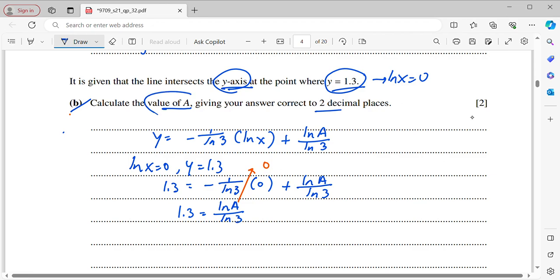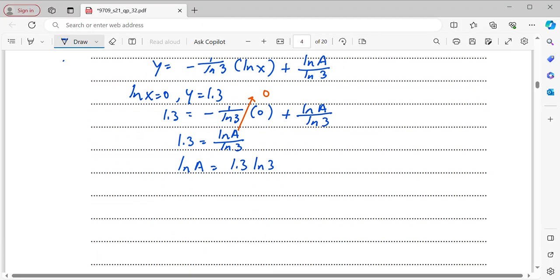So to get the a, the ln 3 will be moved up. So ln a will be 1.3 ln 3. Therefore, to eliminate the ln, I will have to take e both sides because we have a formula here. e to the ln a is a itself.